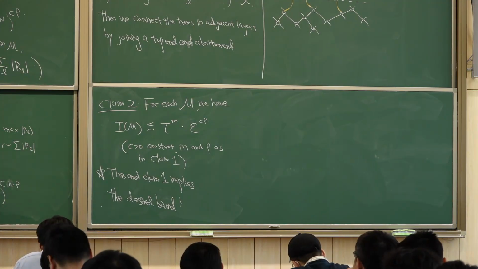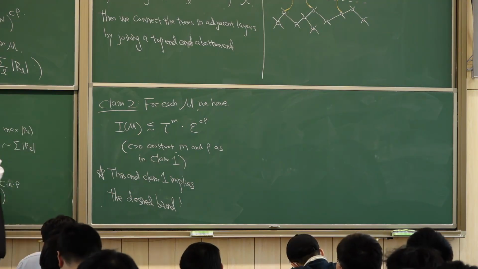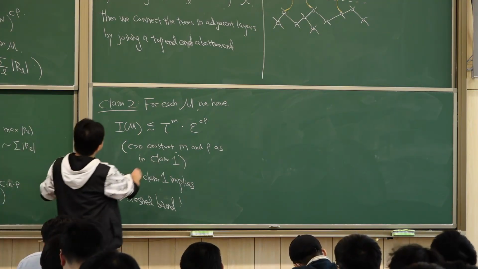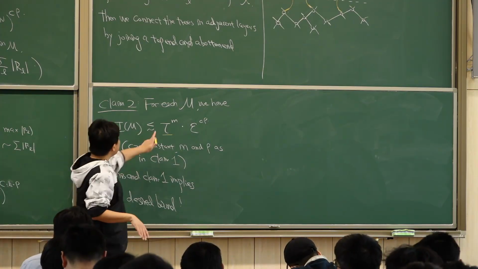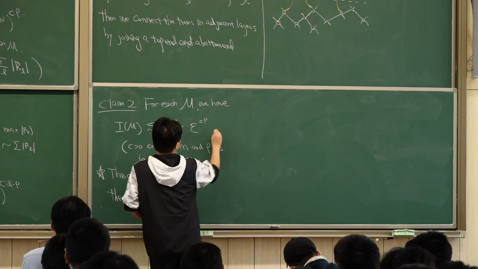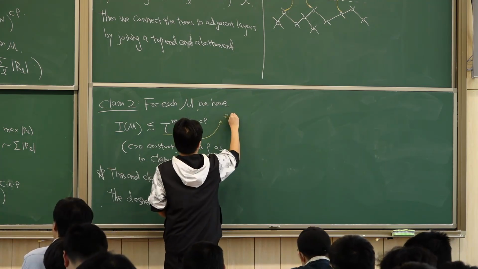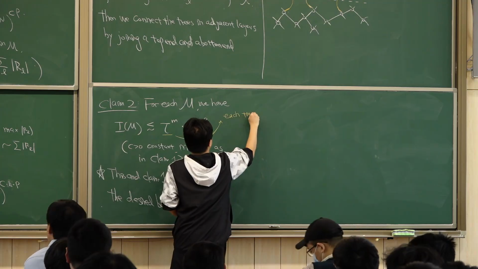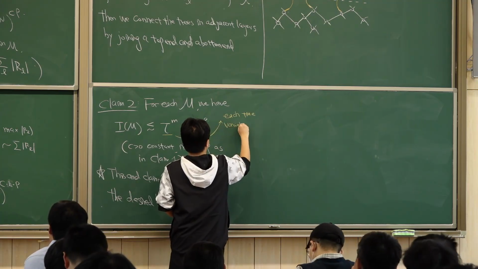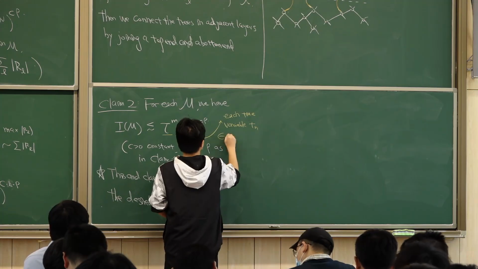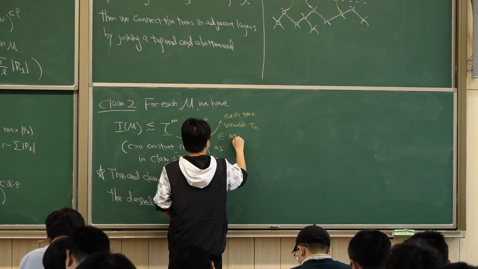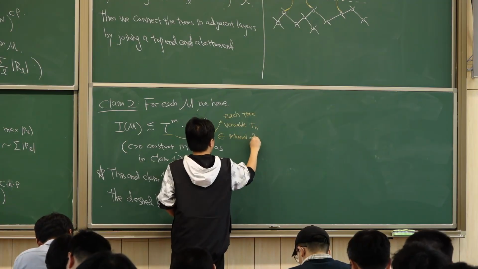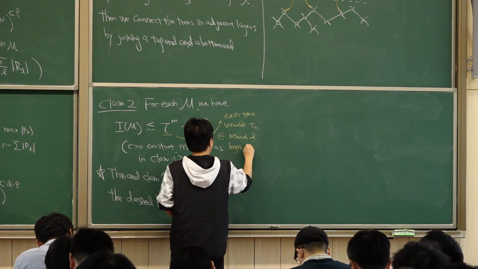Let me make one remark about the two factors in claim 2. Why do we have this tau to the m? The reason is that each time variable belongs to a time interval of length tau.